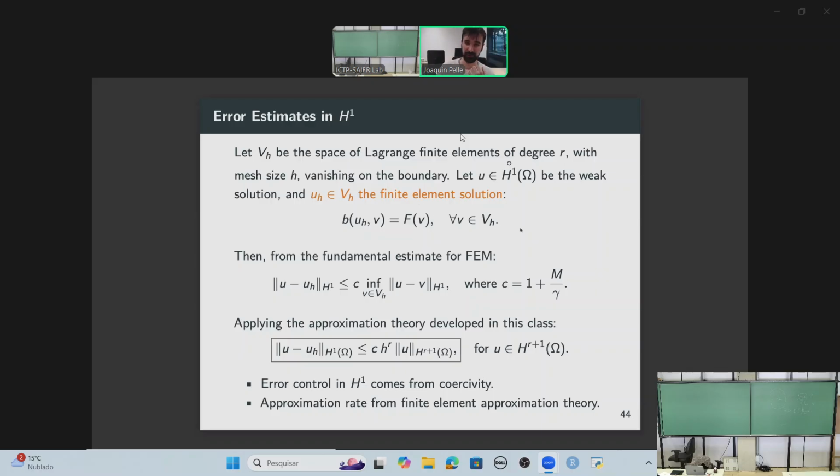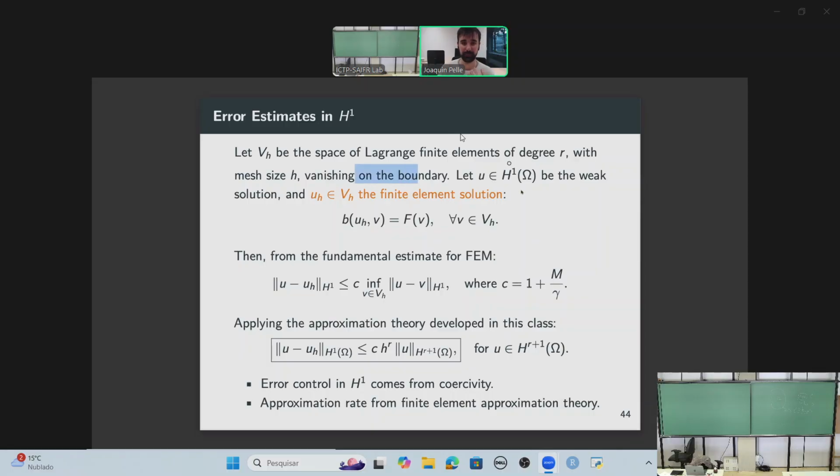So now we want to see how well we can do by approximating the solution to our problem in a finite element space. So we take a certain space here to be the Lagrange finite elements of degree r with mesh size h that vanish on the boundary, right?